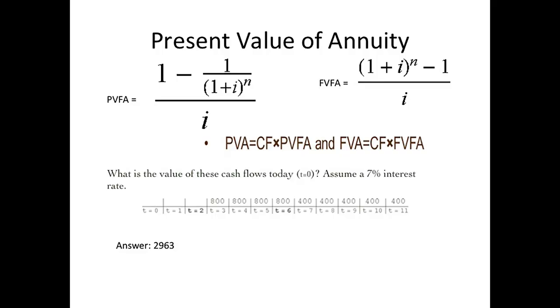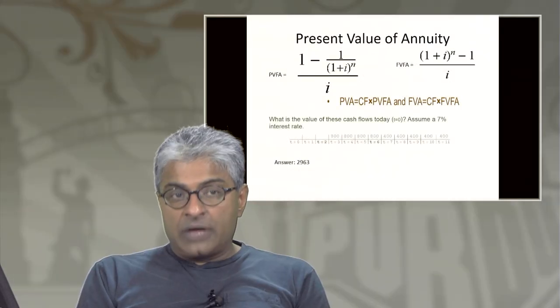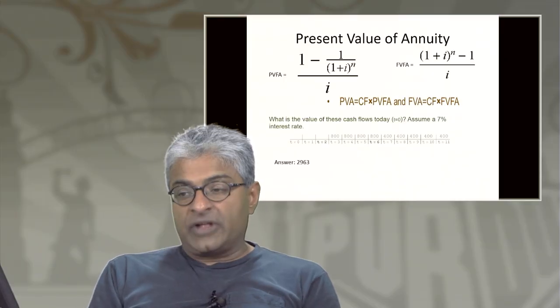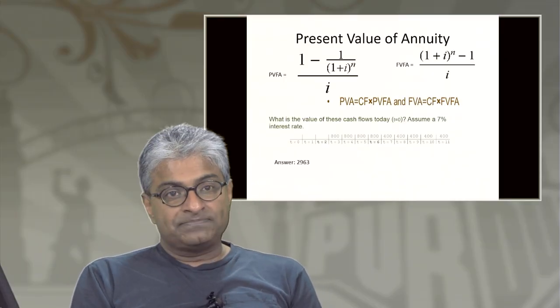Then that sum needs to be further moved back to time 0 using the single sum formula you've already seen. When you add up those two at time 0, you should get somewhere in the neighborhood of 2963, which is the present value of those two annuity streams currently. I encourage you to try it out for yourself and get that answer. Good luck.